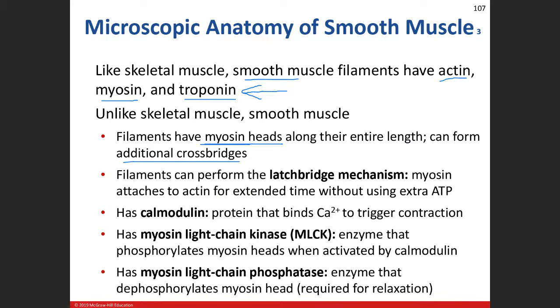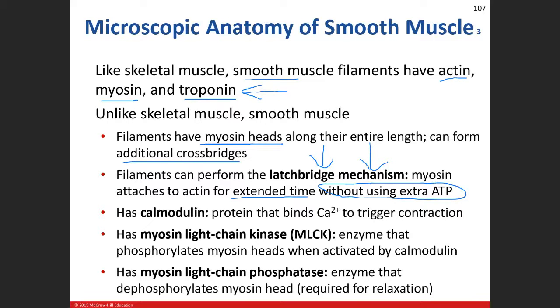These filaments that involve the myosin heads have a special mechanism called the latch bridge mechanism, and the latch bridge mechanism allows for an extended or sustained muscle contraction over an extended period of time. Important, without using extra ATP.